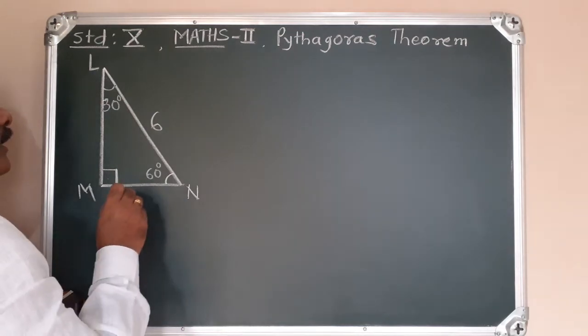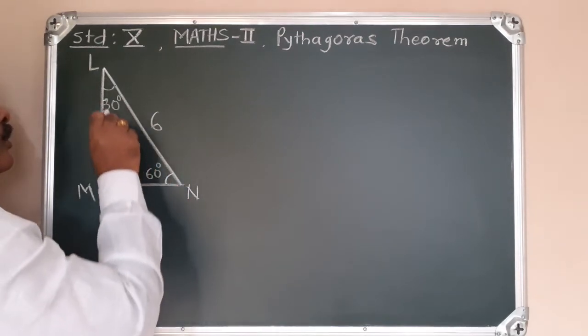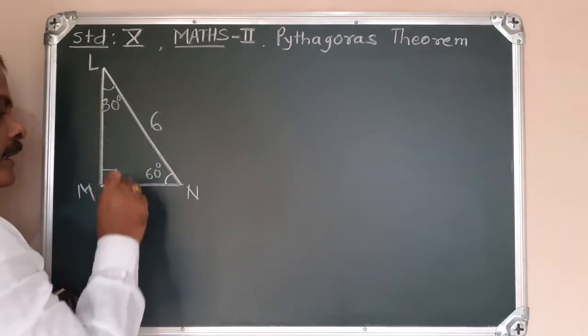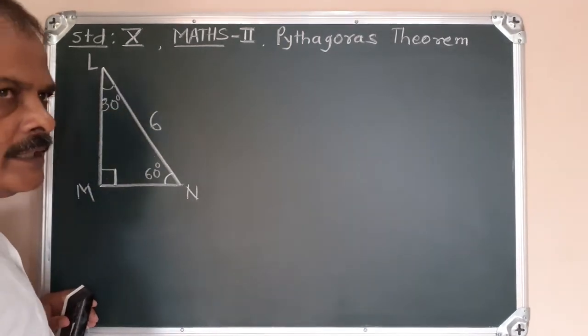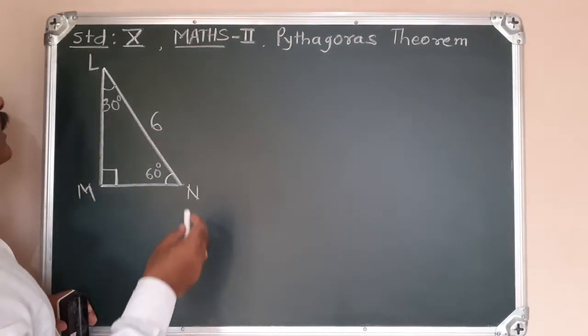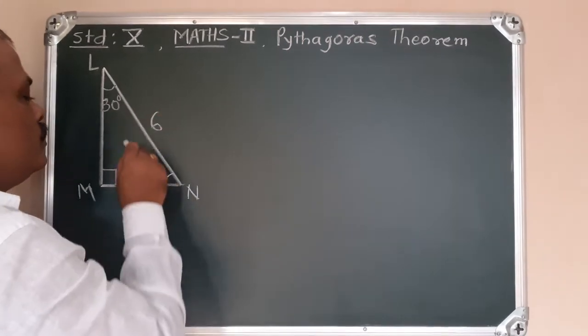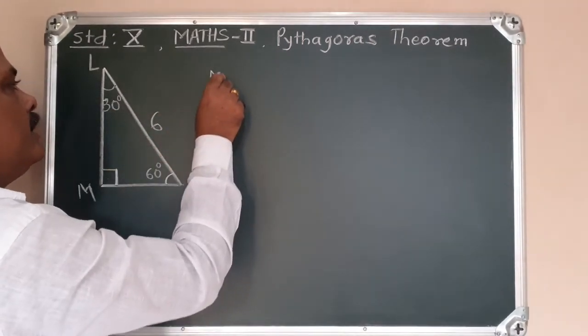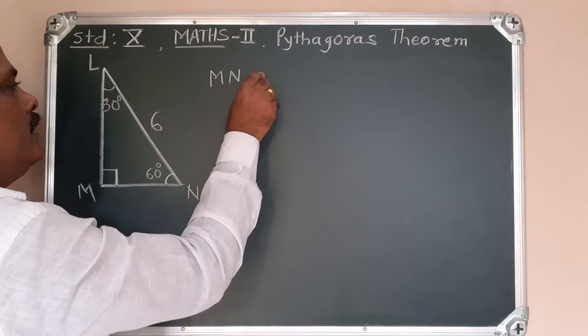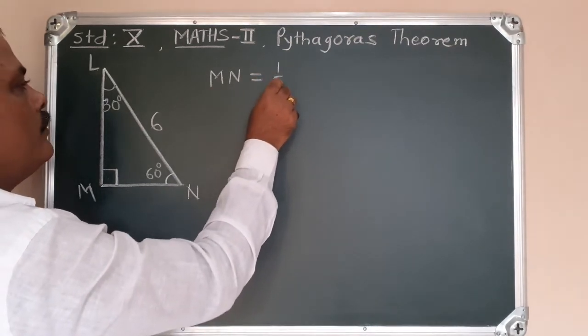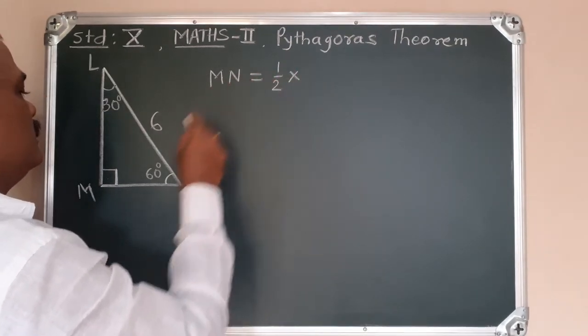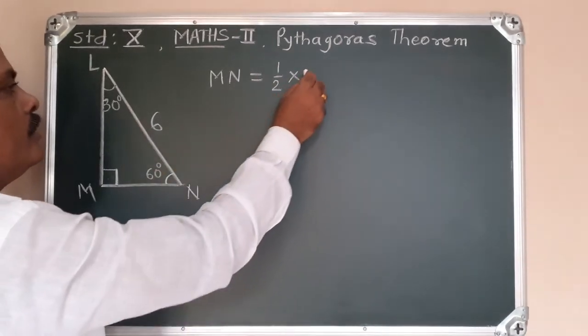So see here, MN is a side opposite to 30 degree angle. Therefore, by property of 30 degree, 60 degree, 90 degree triangle, side opposite to 30 degree angle, that means MN, is equal to half into hypotenuse. Which is the hypotenuse? LN is hypotenuse.